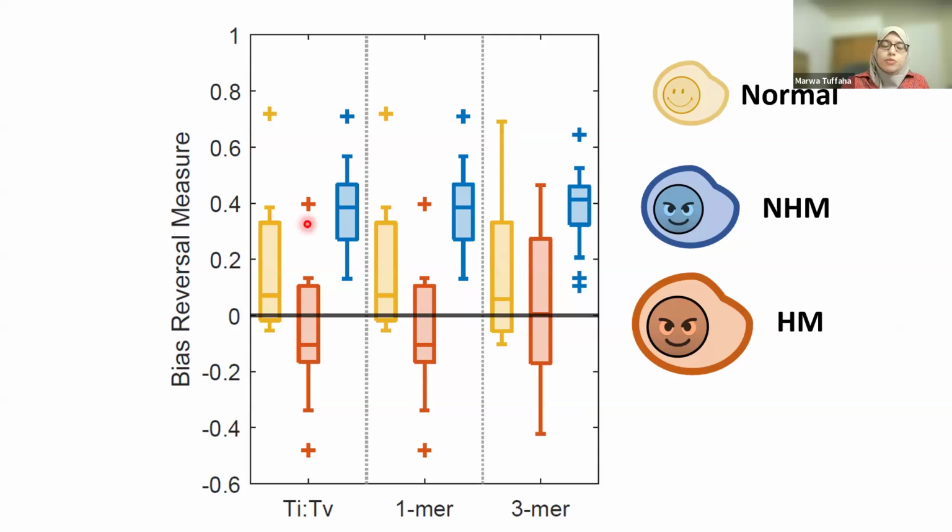You can see that non-hypermutators on all levels of analysis in all tissues have a positive reversal measure, which means that in all tissues we have a reversal in the bias, which meets our hypothesis, but this does not apply to hypermutators or normal tissues, which suggests that maybe the mechanism by which the hypermutators got access to these driver mutations is simply that they have a higher mutation rate.